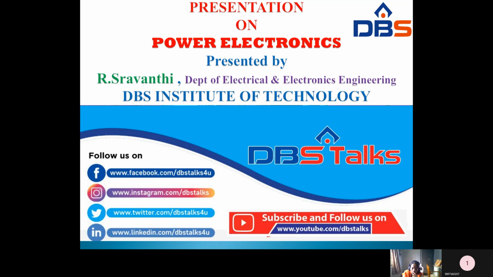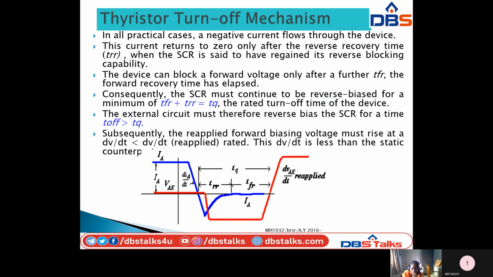In the thyristor turn-off mechanism, in all practical cases a negative current flows through the device. This current returns to zero only after the reverse recovery time trr, when the SCR is said to have regained its reverse blocking capacity. The device can block forward voltage only after the forward recovery time has elapsed.